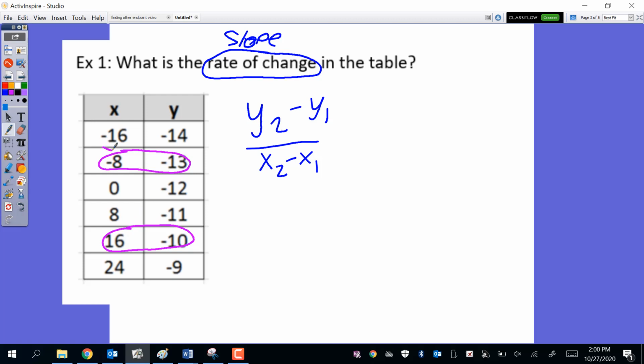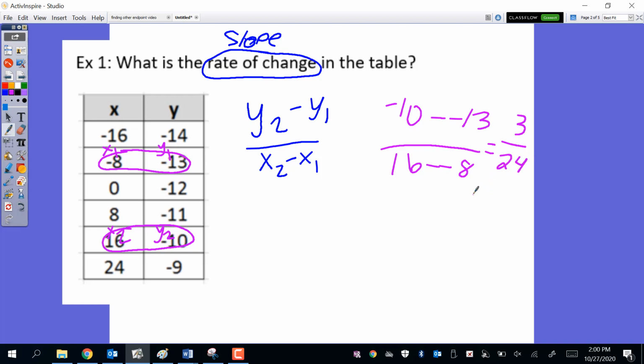We're labeling x y, x y. This is the first point. This is the second point. So when I plug it in, that would be -10 minus -13 over 16 minus -8, which would turn into 3 over 24, which simplifies to 1 over 8. So this is the exact same thing that we already did. Rate of change just means find the slope.